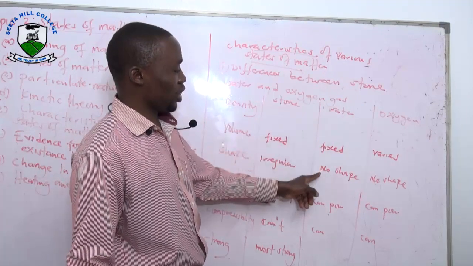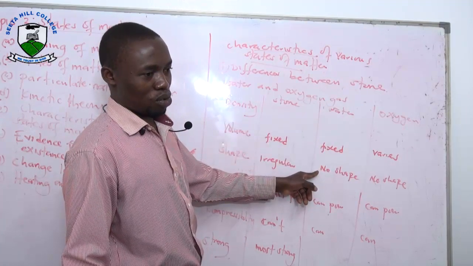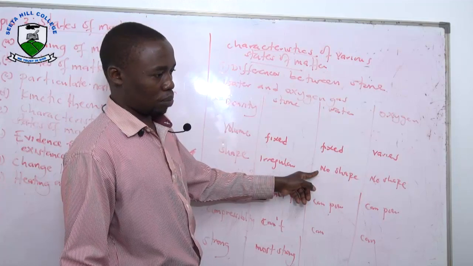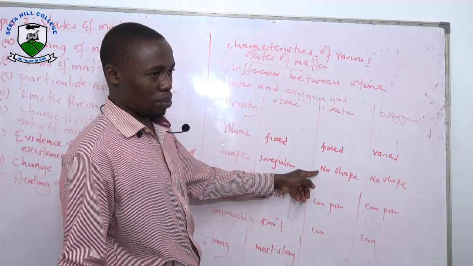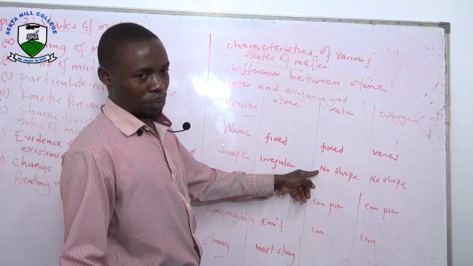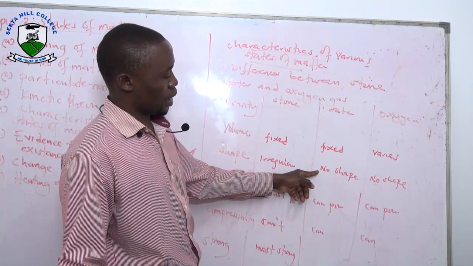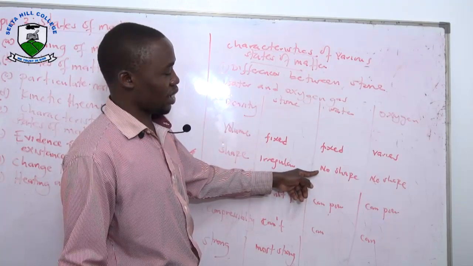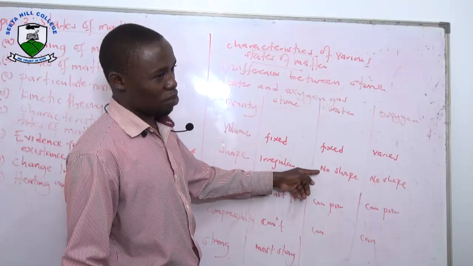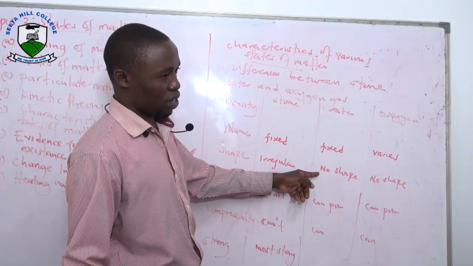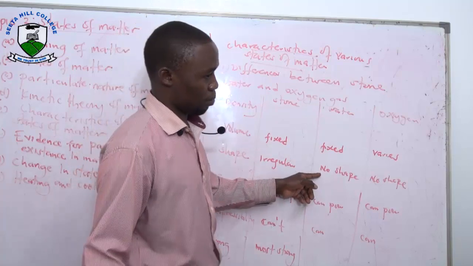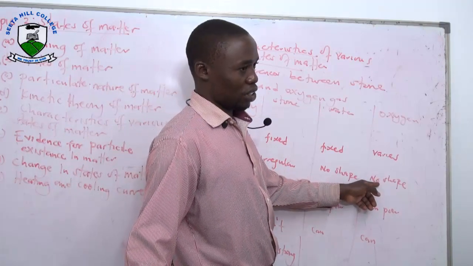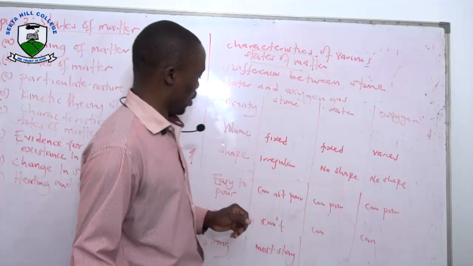Water has no shape. That would mean when you pour water in a round container, the shape is round. When you pour it in a rectangular container, the shape is rectangular. That means water takes on the shape of the container. Then a gas, which is oxygen, has no shape, thank you.